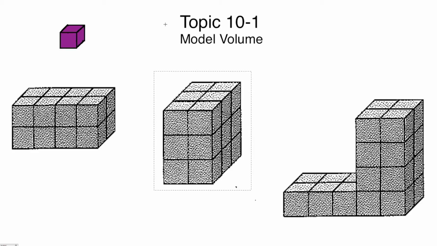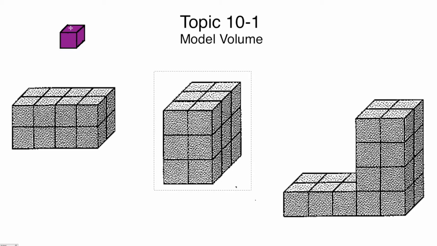In topic 10-1 and all of topic 10, we're going to be talking about volume. Now, over here, I have this three-dimensional object. It's known as a cube. Okay? A cube is a three-dimensional figure.